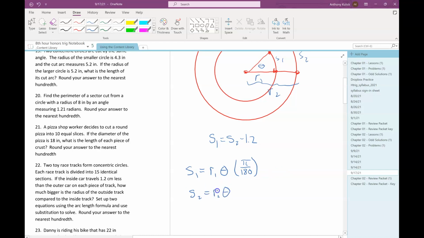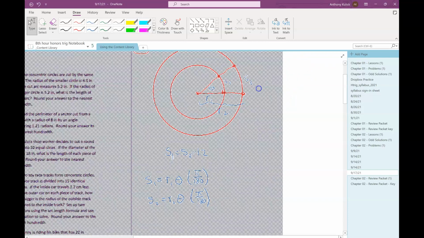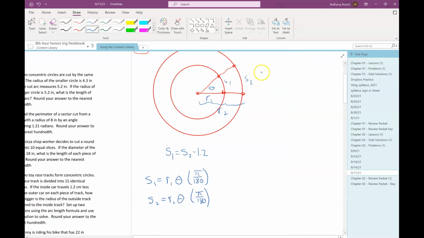So far, so good. Haven't really done much. Okay. So the first thing I can do is I can find a value for theta. Since I know that there's 360 degrees in this circle and we're dividing it up into 15 sections, theta should be 24 degrees.